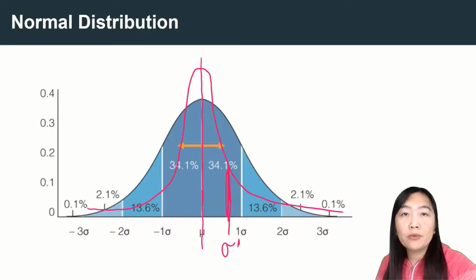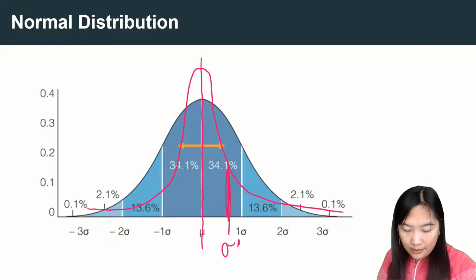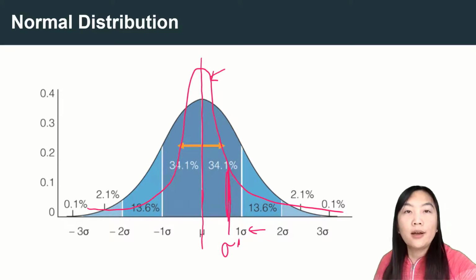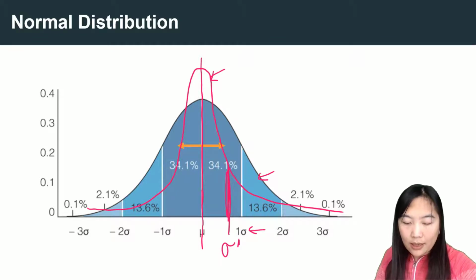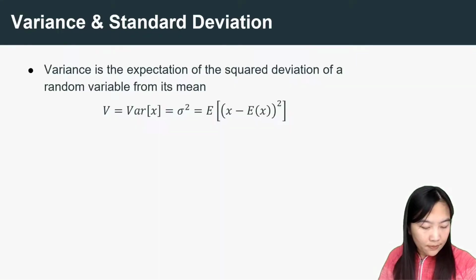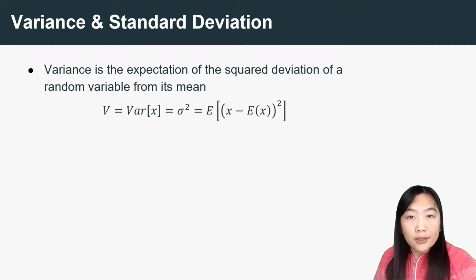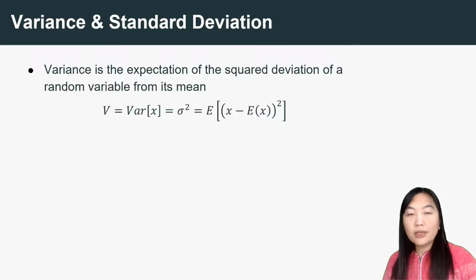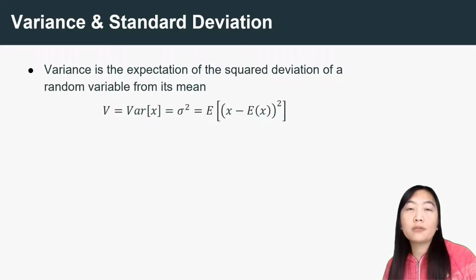This sigma prime will be smaller than this sigma here. So for this distribution, the standard deviation is smaller than this one, and the risk of this one is also smaller. That's why we say that the standard deviation or the variance is a good measure of the risk. So variance is the expectation of the squared deviation of the random variable from its mean.